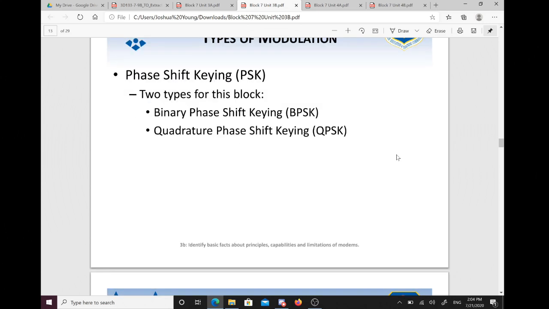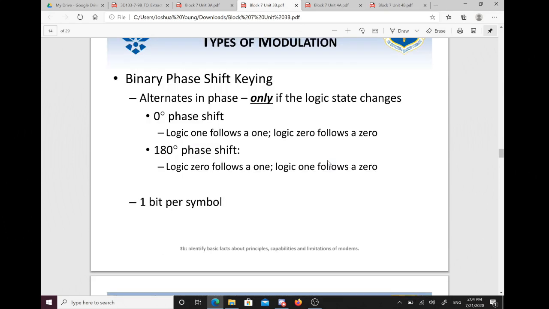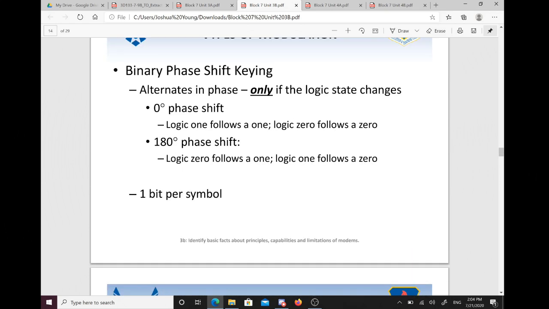Then your phase shift keying, there are 2 different types that we'll talk about here in block 7. You have your binary phase shift keying and then your quadrature phase shift keying. Binary phase shift keying alternates in phase only if your logic state changes. So now we're talking about phase shift and being out of phase with each other.